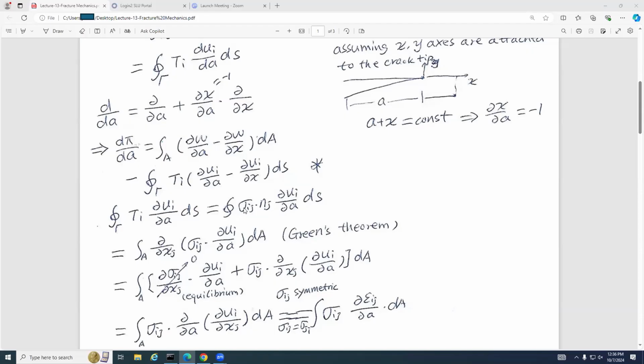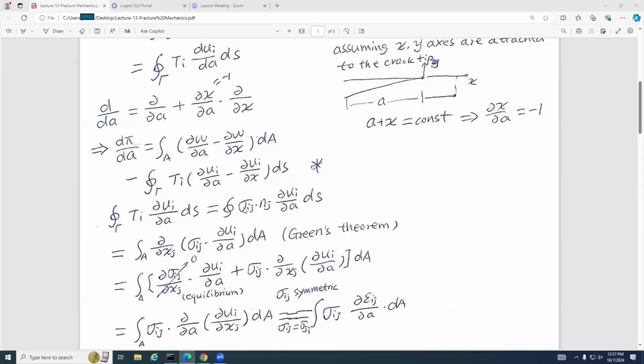ti dui dA ds for the first part. For the first part, this is the enclosed circle, and we can use ti equals sigma ij nj, right? You know that, how to get the traction from the stress. This is dui dA ds.